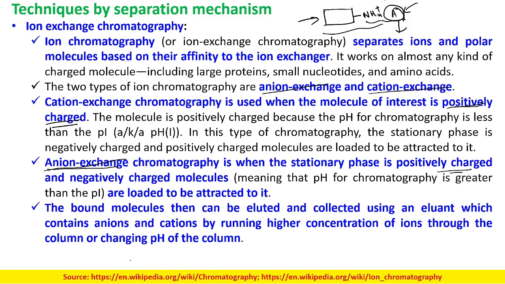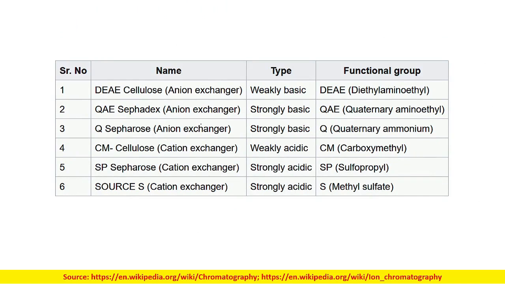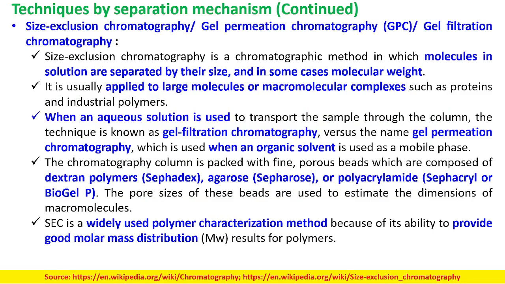Later on, as I told you, by changing the pH or by running a higher concentration of ions through the column, we can dislodge the anions or the cations. So these are the different types of anion exchanger systems. These are the stationary phase molecules: DEAE cellulose. Then the other thing, SP Sepharose, which is a cation exchanger. Then what is the nature of these materials, and what functional groups are there on these stationary phases, they have been given.